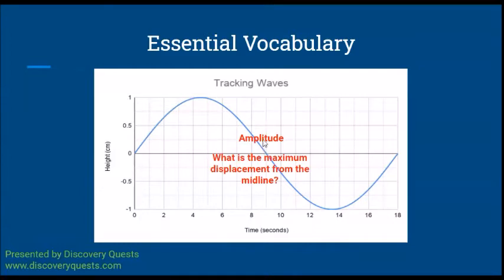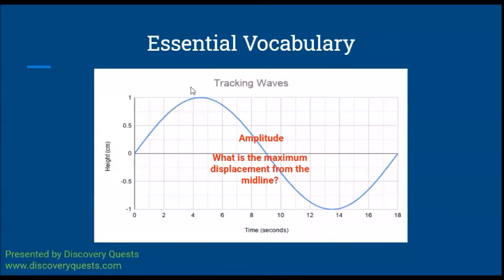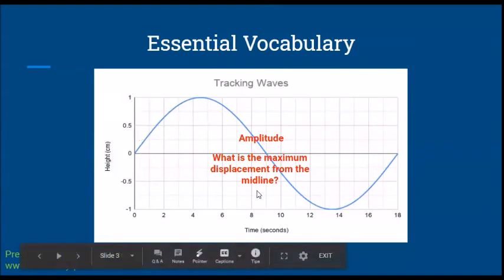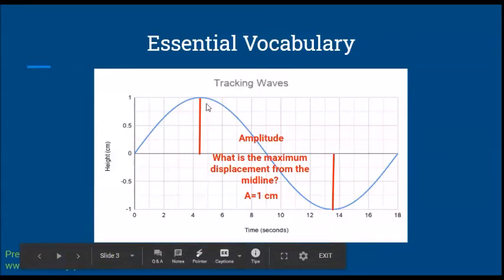So if someone asks you to find the amplitude of a wave, what you're looking for is the maximum displacement from the midline. And in this case, for this particular wave, that's 1 centimeter, shown here in red. So you have a wave that's coming in that has an amplitude of 1 centimeter.